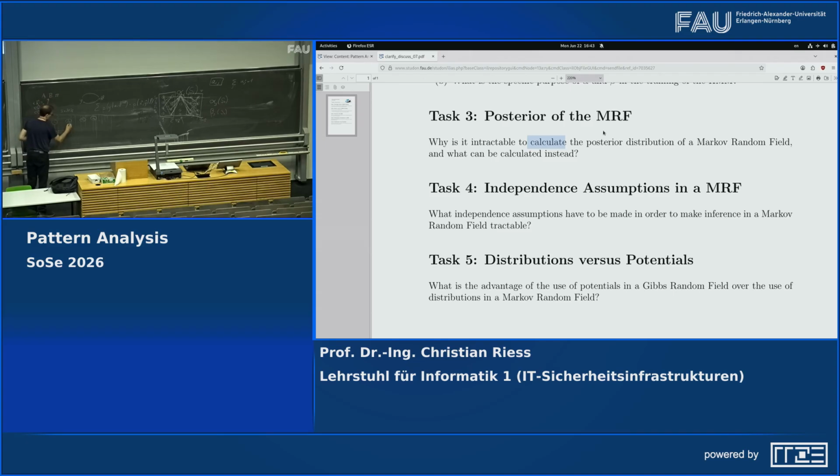And if you go for discrete labels, then it needs to be more than one label, because one label would be trivial. So let's say the minimum number of labels would be 2.